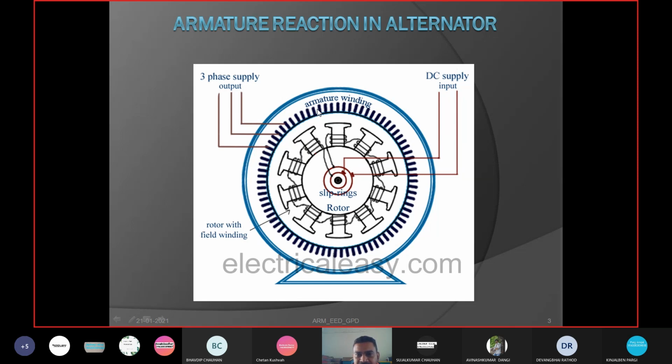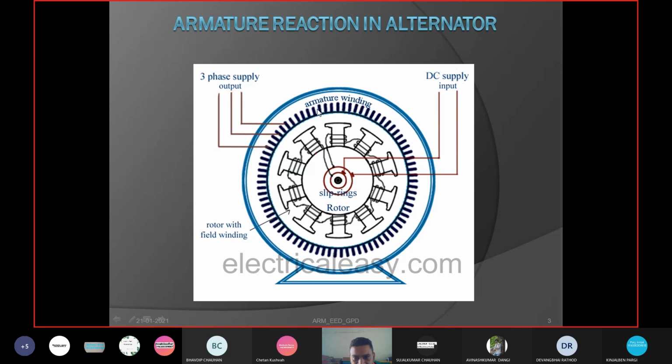First is the magnetic flux produced by the magnetic pole, that is the main field flux phi m, and second is the magnetic flux produced by the armature winding, denoted by phi a.